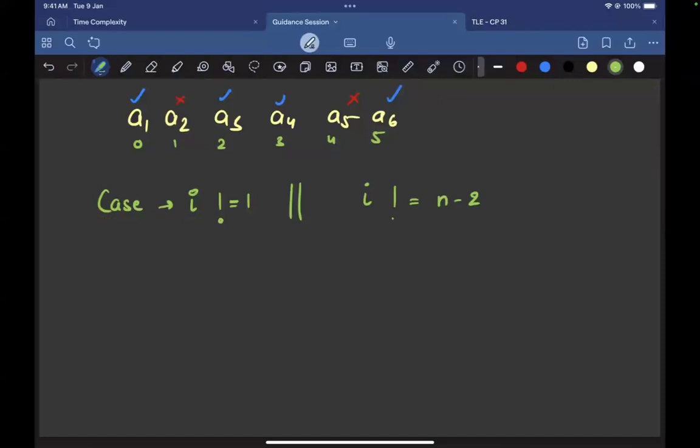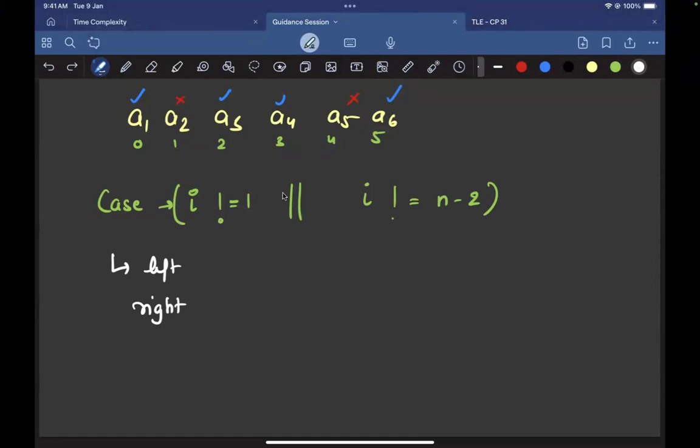Does this make sense? If I is not equal to 1 and I is not equal to n minus 2, then basically there can be a left half and there can be a right half. Is that right? There can be a left half, there can be a right half. Correct?